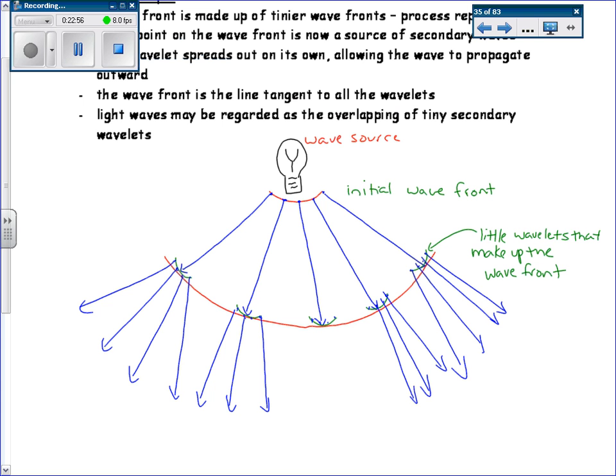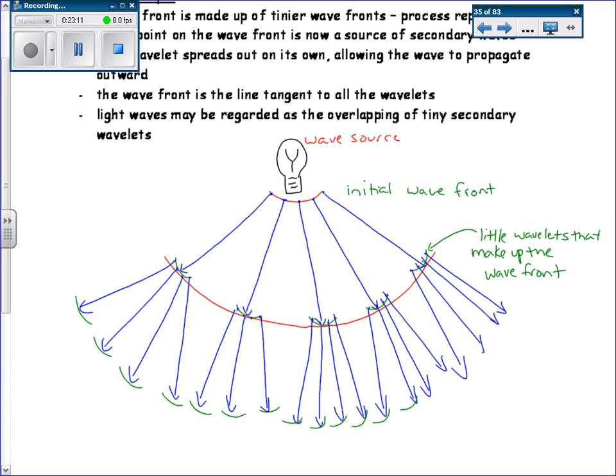I'm not going to draw another level on here, but we could do the same thing. Each of these little wave fronts has little wavelets on them, and it would just keep going. And that's what Huygens said allows that wave to keep propagating outwards.